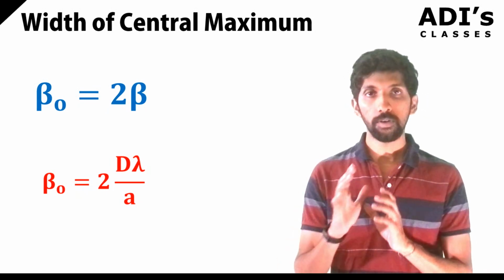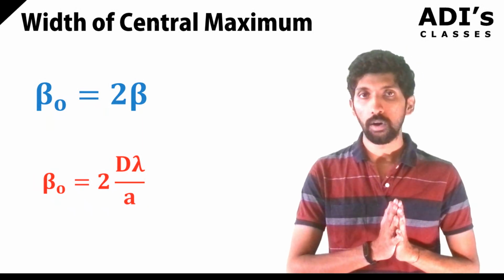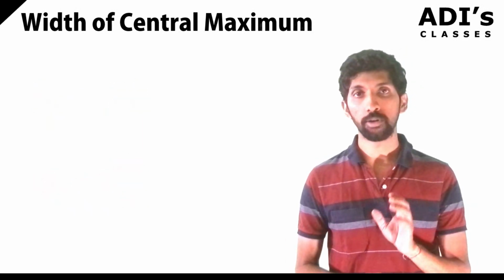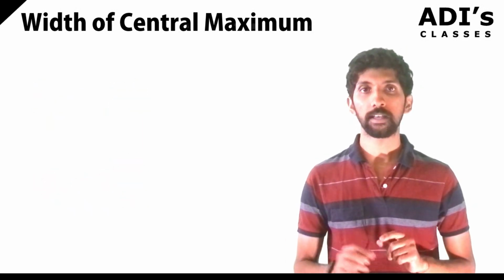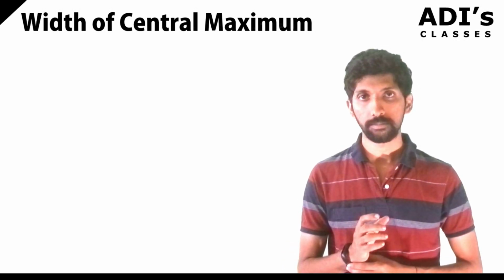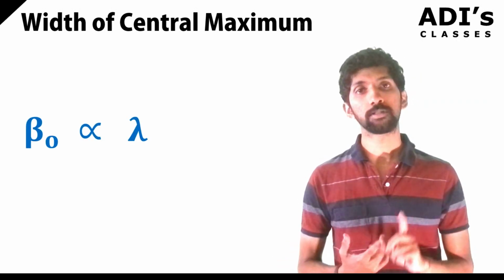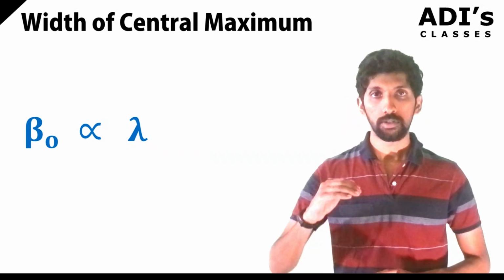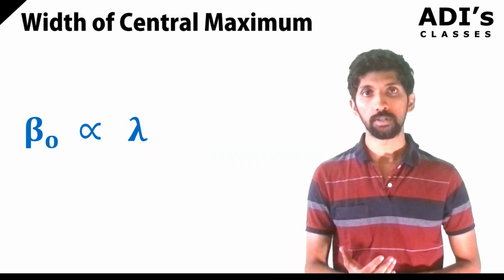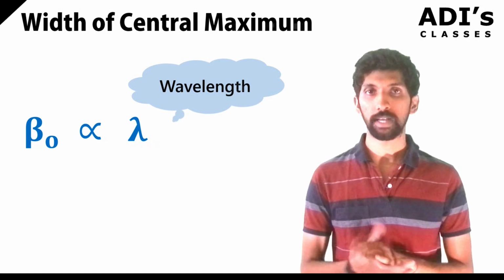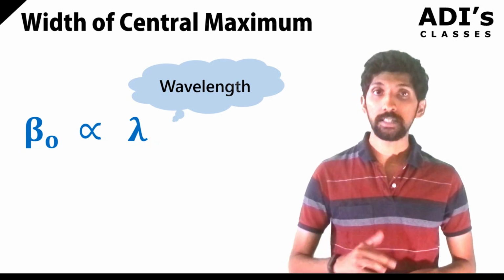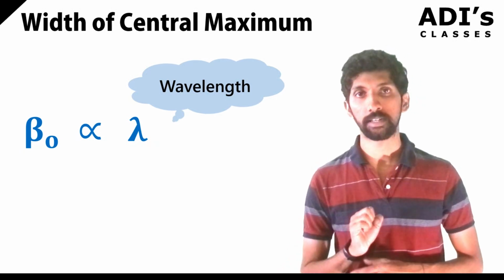Now, so far, what are the important points to be noticed here? One thing is that beta naught, the width of the central maximum, directly depends on the wavelength, correct? So the more the wavelength we use, the bigger the central maximum, and it is inversely proportional to the slit width, correct?